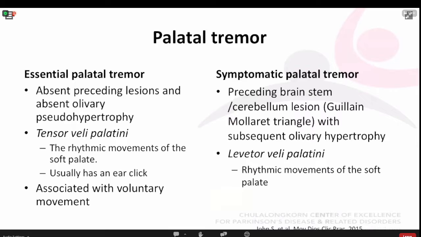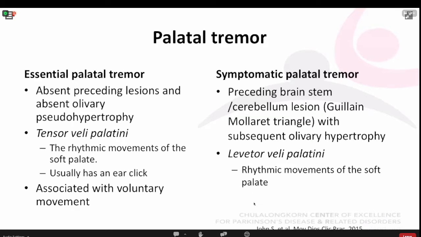So what is palatal tremor? This is a rhythmic movement of the palate, and it can be subdivided into essential and symptomatic. For essential palatal tremor, there is an absence of a lesion, and you will find in some patients voluntary movement. The muscle that is affected is the tensor veli palatini, which inserts at the eustachian tube, so you can hear the ear click in essential palatal tremor.